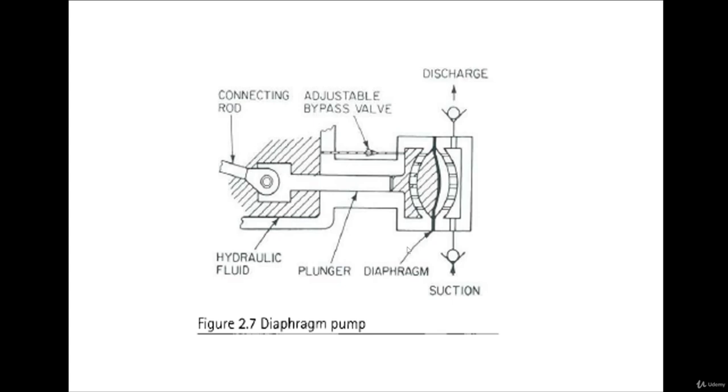And there are also the suction valve and discharge valve, spring type, operating against the forces. This is the plunger, and this is the oil, and this is the diaphragm. So in moving the plunger, the oil is moved, then the diaphragm is moved, then the fluid is coming up and going down.